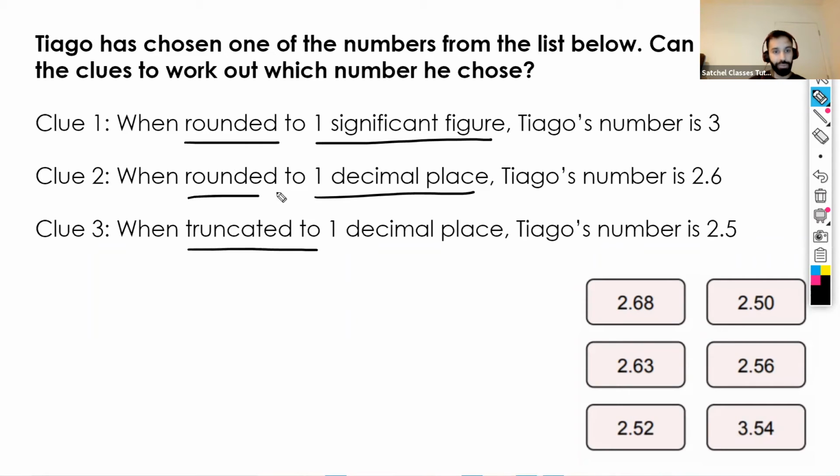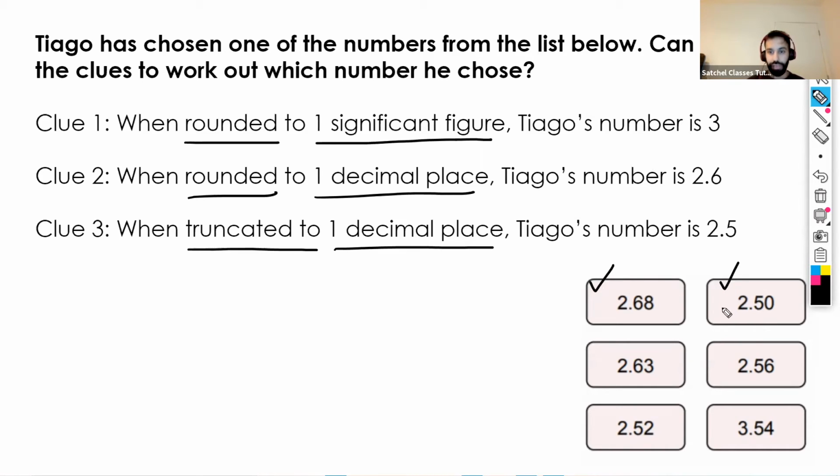The first clue says, when rounded to 1 significant figure, Tiago's number is 3. So 2 is our first significant figure, so we have to look at the second significant figure, and this will round to 3 to 1 SF.